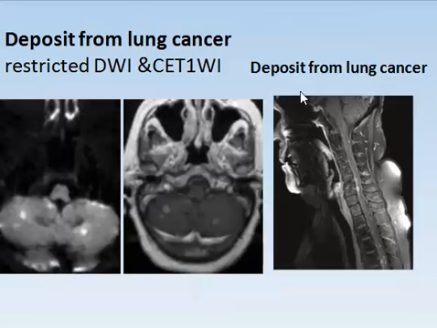In the lung we have deposits from lung cancer, here as restricted diffusion, and here as contrast enhanced multiple intracerebral and intracerebellar deposits. Here it is seeding along the meninges.